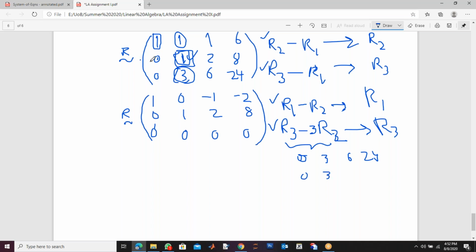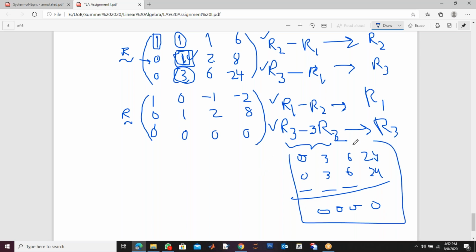If I multiply this by 3, I get the same row. Now, if I subtract, all give me 0, 0, 0, 0. So you can do this separately on a rough page or on the right side and then write it here. But if you have enough practice, you can do it directly inside the matrix.